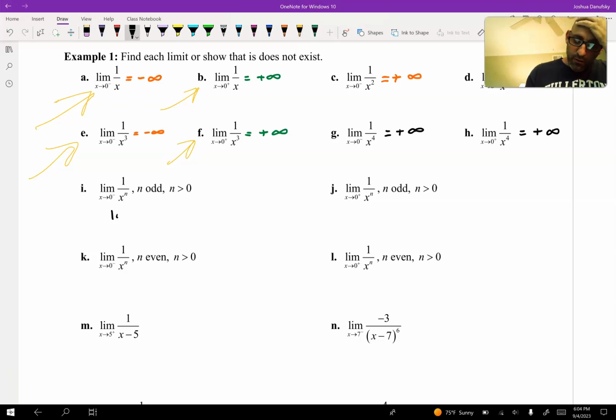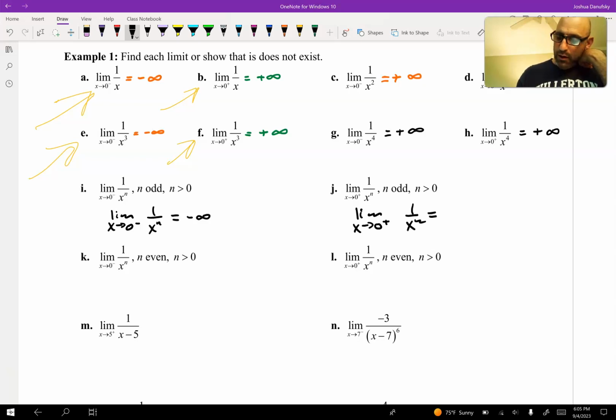So here, the limit as x approaches 0 from below, 1 over x to the n, when n is odd, that's going to go to negative infinity. And when we take the limit as x approaches 0 from above of 1 over x to the n, when n is odd, we're going to positive infinity.